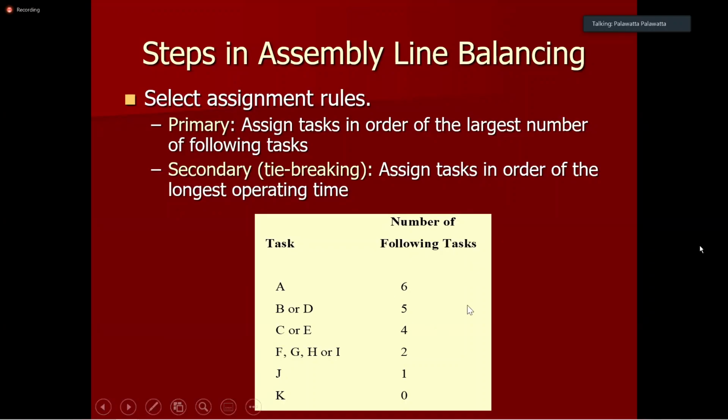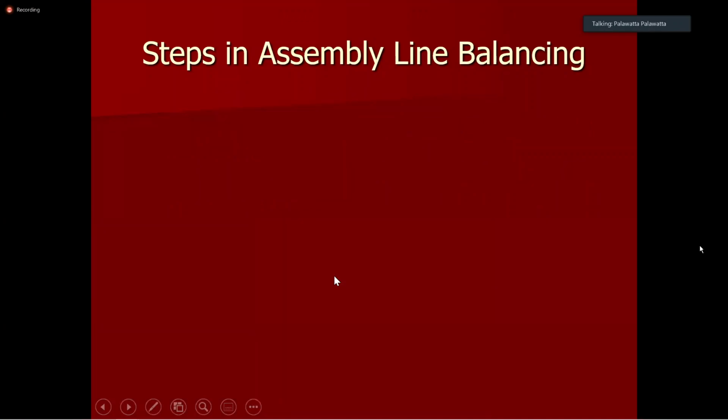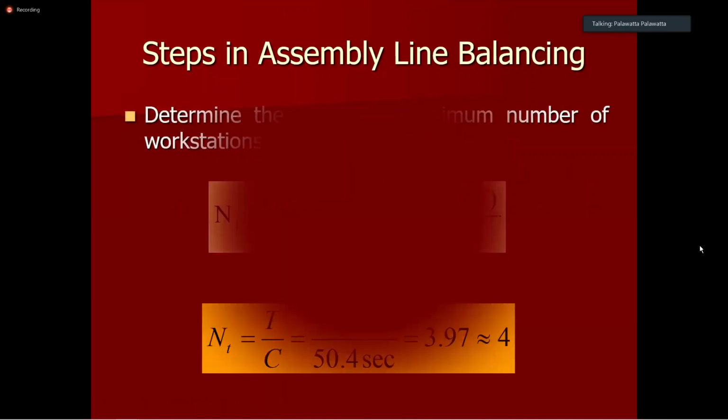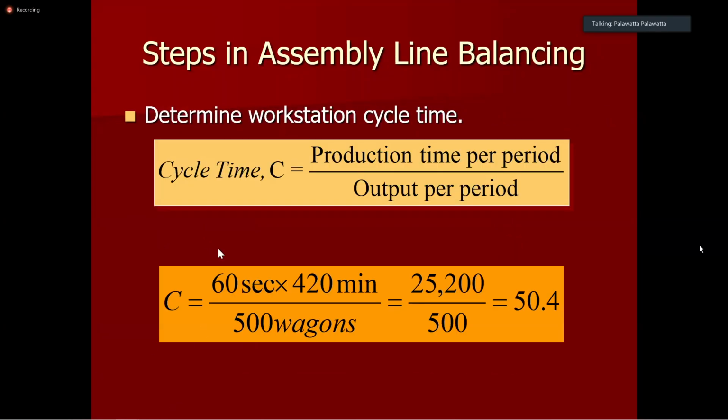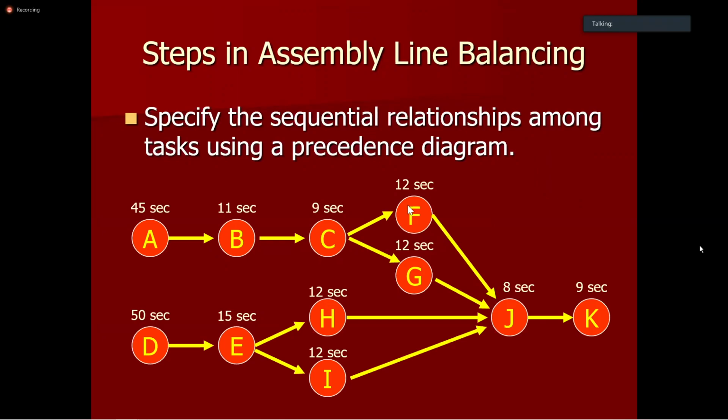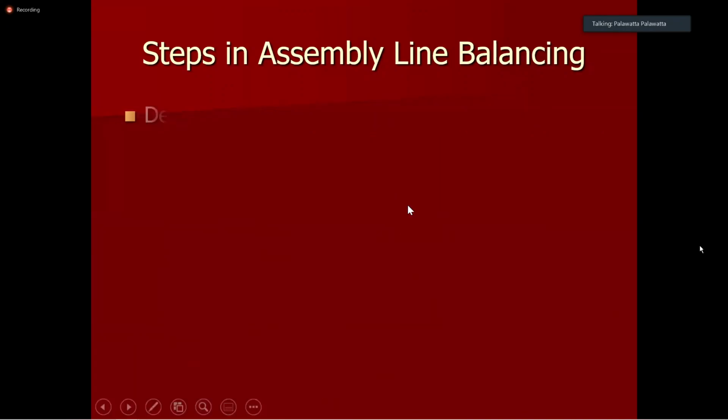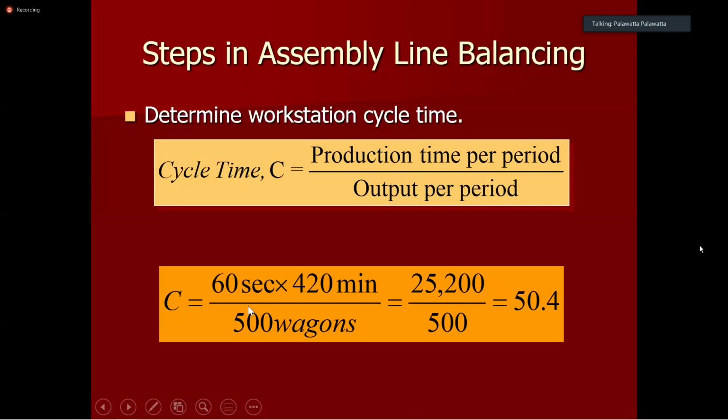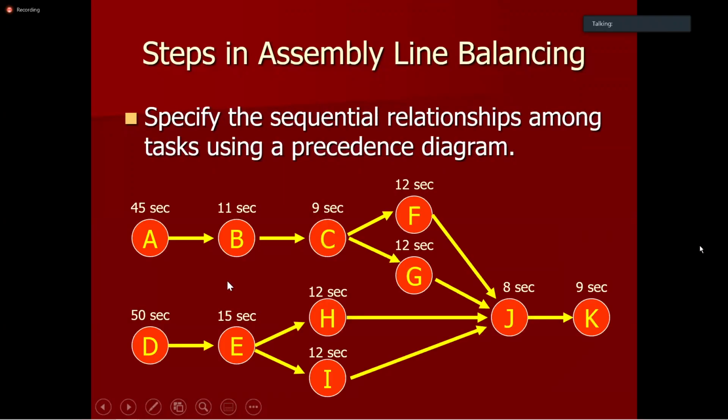So if you write down the tasks, A has a number of following tasks, you can look at the diagram. A has following tasks, you calculate 1, 2. A has B, C, F, G, J, K. So then 1, 2, 3, 4, 5, 6.